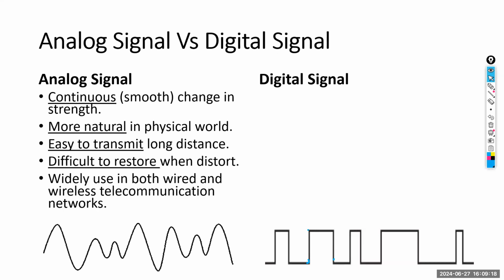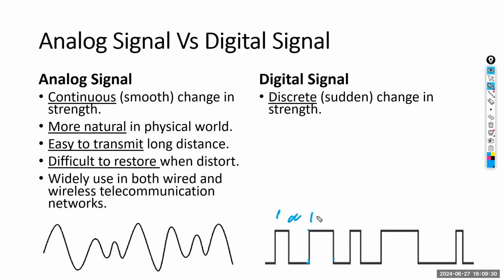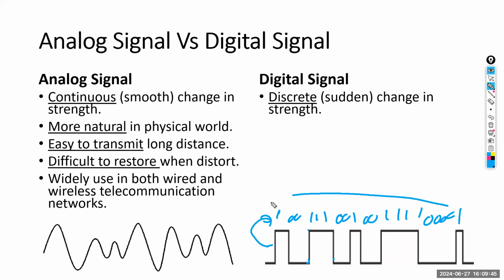But remember, we like digital signals because they are closer to digital data. You can clearly see this, maybe 1 0 0 1 1 1 0 1 1 0 0 1 1 1 1, maybe 0 0 0 1 and so on. So digital or discrete signals are closer to digital data, which is what a computer does.